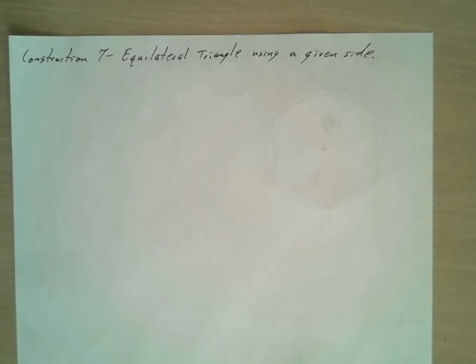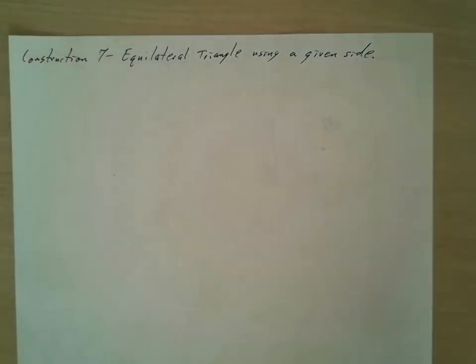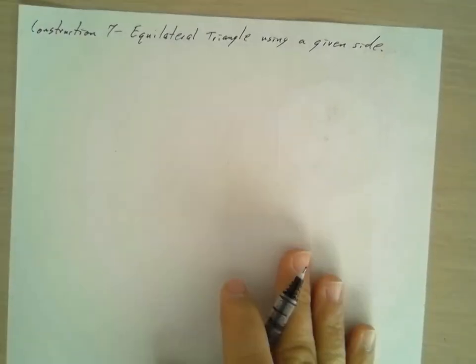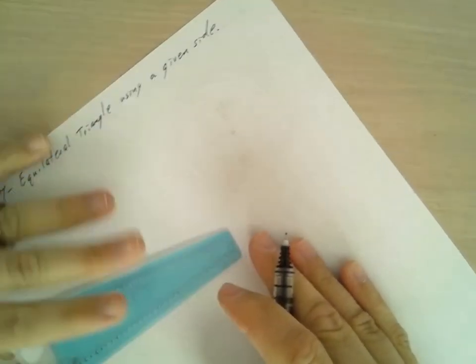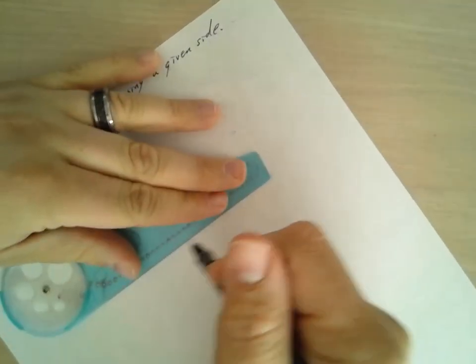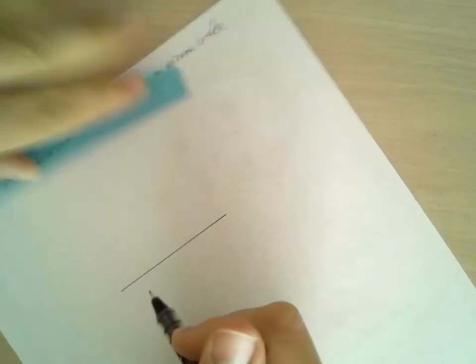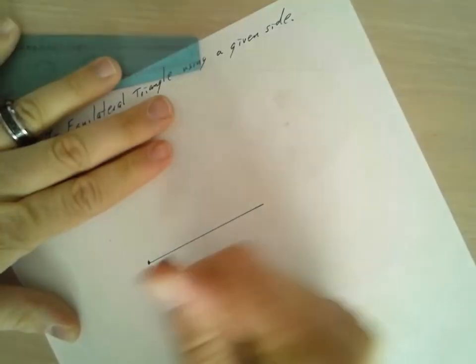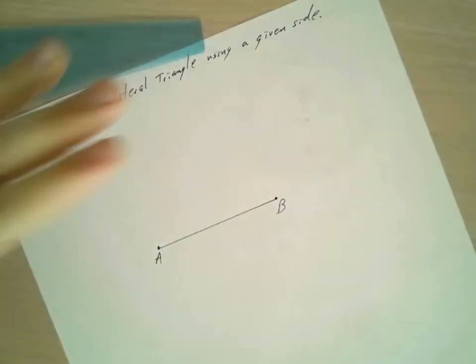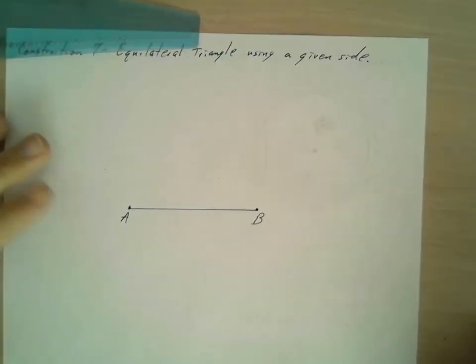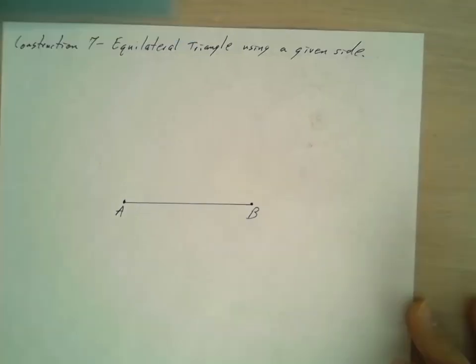So an equilateral triangle using a given side, and we're getting away from that circle start, and in this case we're going to start with a segment, and you're going to be given a segment A, B. Alright, that's just what you're going to start with. You get your paper, it will have that there.